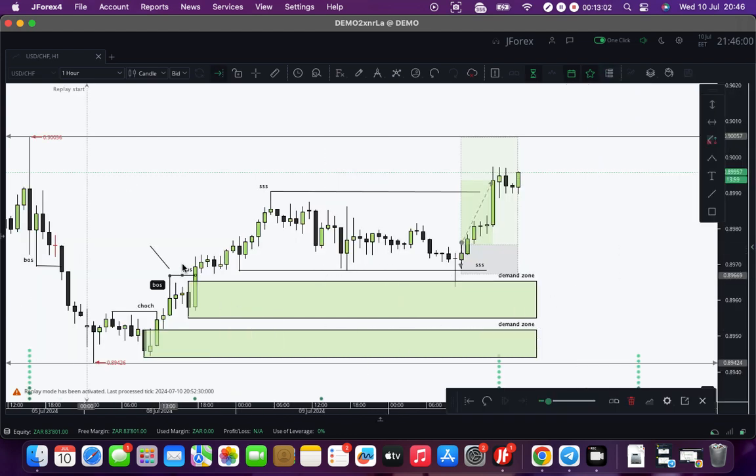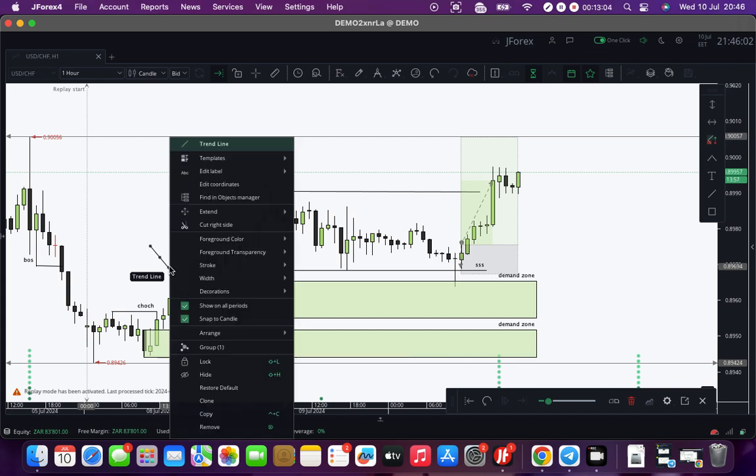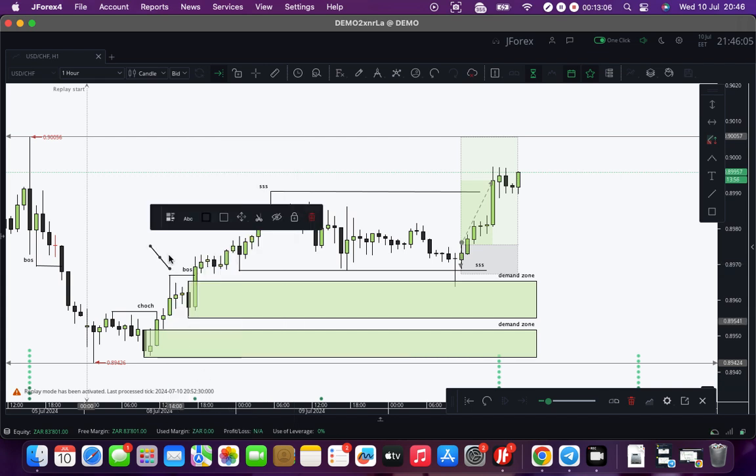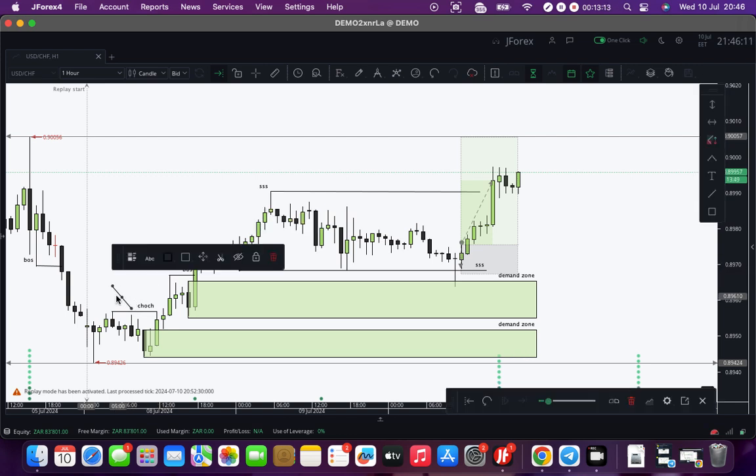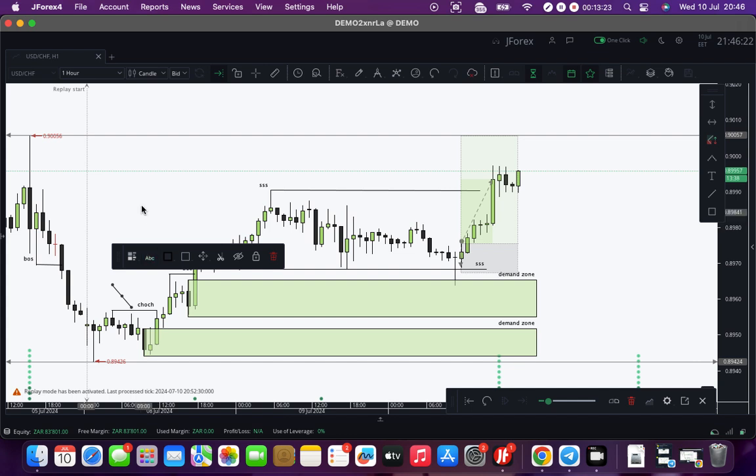Sorry, it's this break of structure here, and also this change of character here, because a change of character gives me confirmation that the market might continue or might start changing direction. You understand? After we received that change of character, the market gave us a break of structure, and from there it continued pushing to the upside.